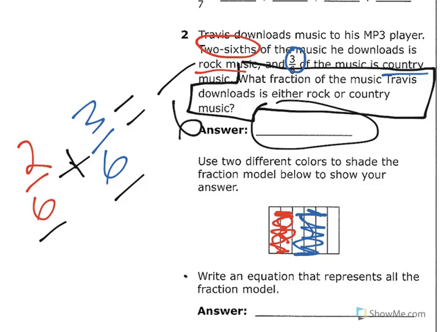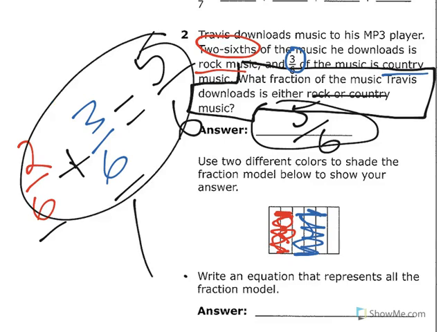It's going to be in 6ths, and all we have to do is add the numerators together, and 2 plus 3 is 5. So our answer is 5/6 of his music is either rock or country music. And this part right here is the answer for down here.